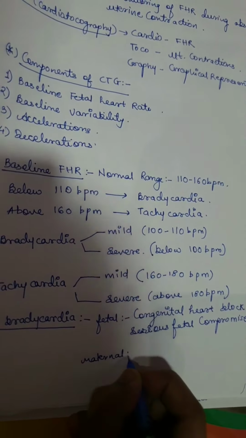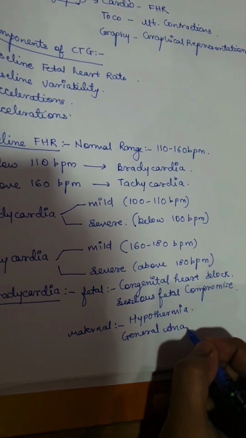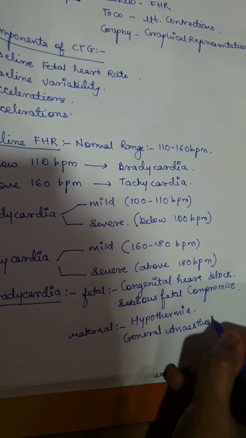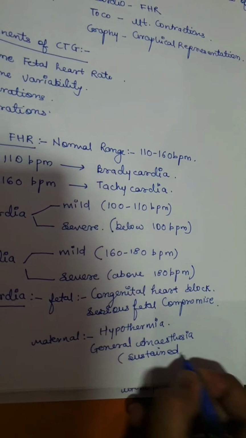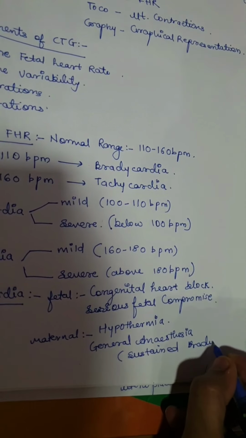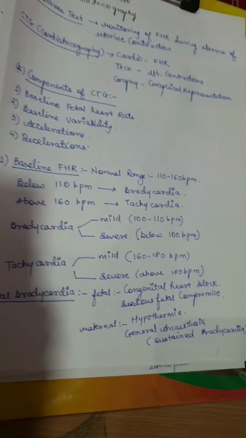If there is hypothermia, or if the mother is under general anesthesia due to any reason. But for this, there is a sustained bradycardia for a specific amount of time. Once the anesthesia is relieved, again there will be the normal fetal heart rate.